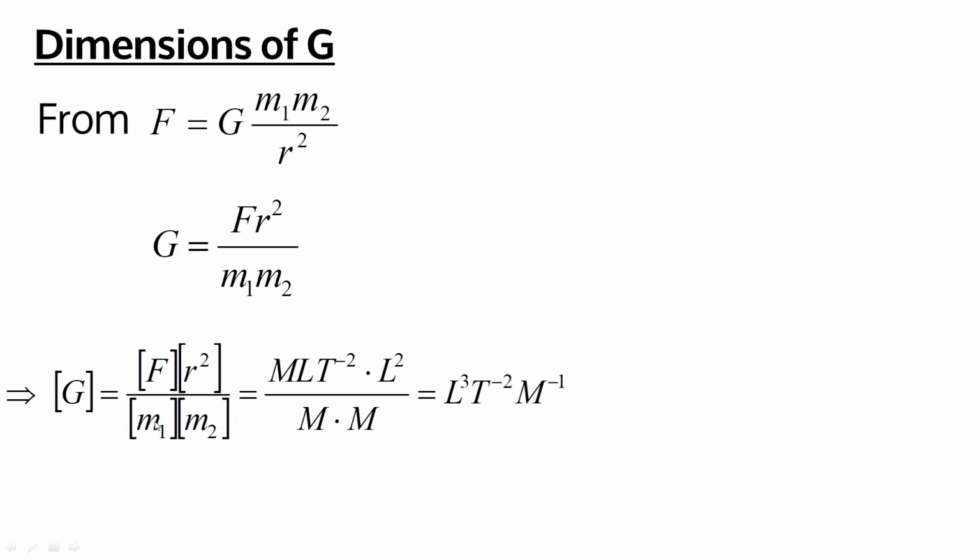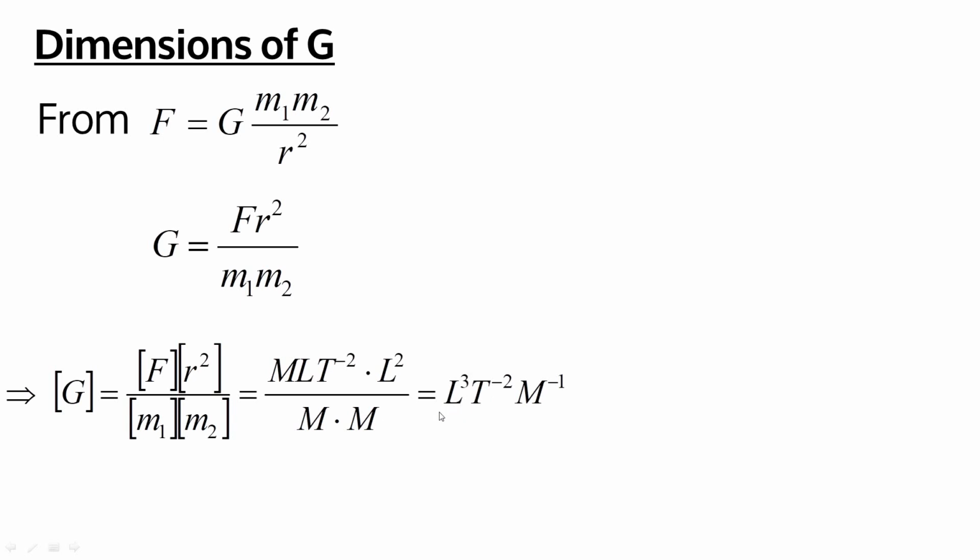And for the masses, mass 1 and mass 2, that's just M. Dealing with the indices, you end up with L times L squared, so L power 3, T power negative 2, and M power negative 1. This M cancels with that M, leaving M power negative 1.